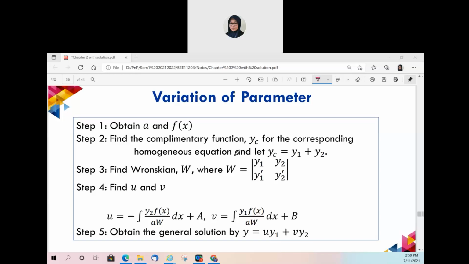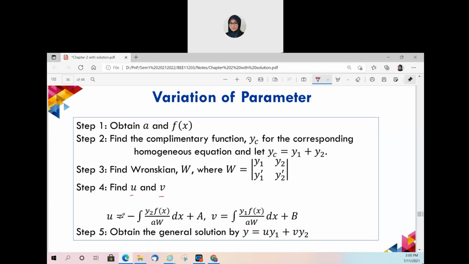Then we have to find the Wronskian W. So W, kita dapat daripada sini. W equals to the determinant of y1, y2, y1 prime, y2 prime. Then we get W. After we get W, we can find U and V. So we find U and V based on this equation.